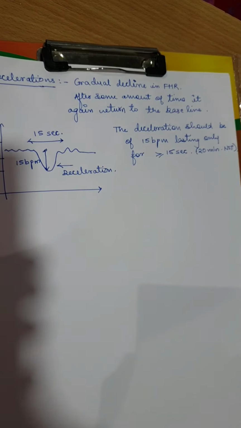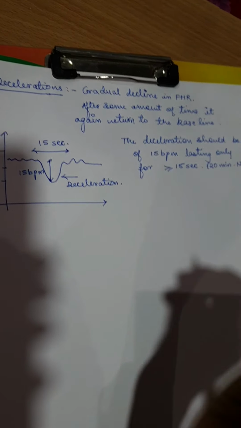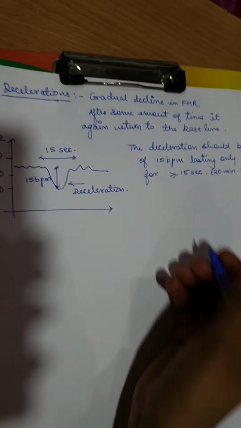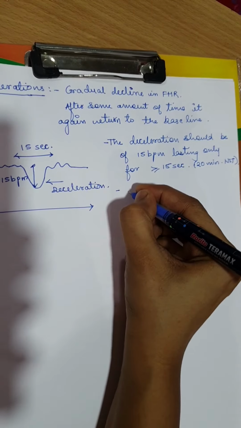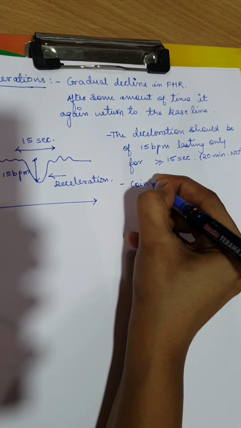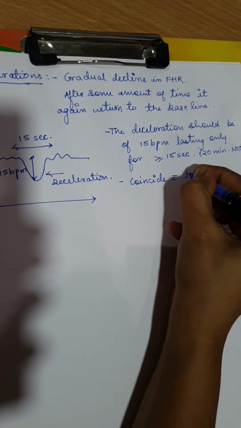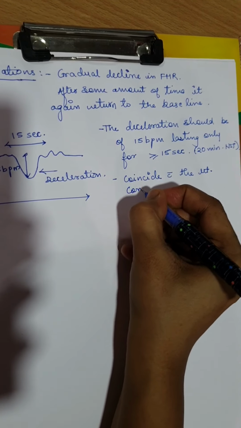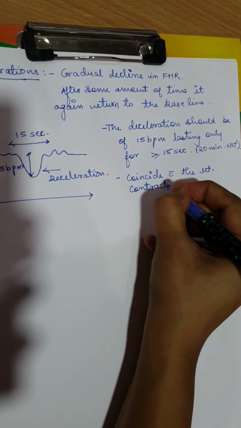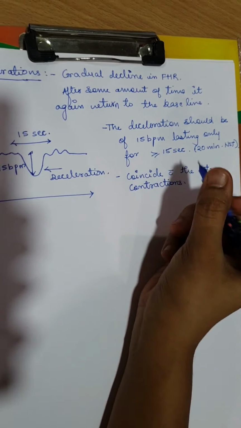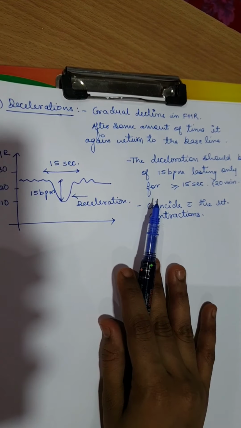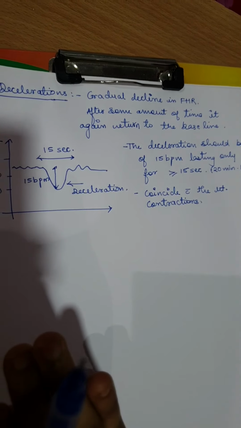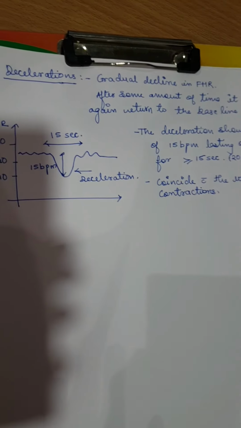These are called decelerations, and the decelerations coincide with the uterine contractions. So to see the decelerations during normal labor, you have to go for cardiotocography.